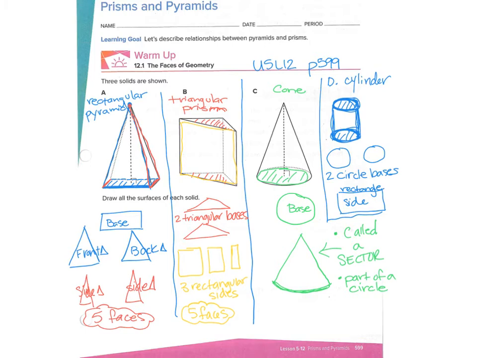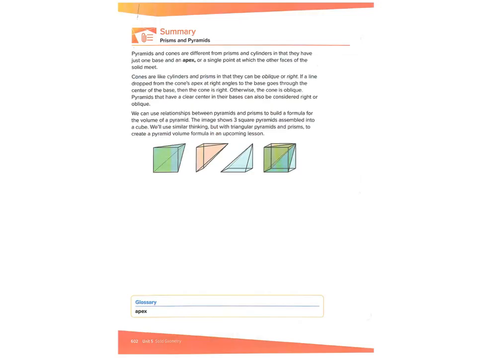So let's take a look at the summary, if you would please. In the next lesson, in lesson 13, we are going to develop the formula for the volume of a pyramid. So prisms and pyramids. Looking at this diagram, they are physically showing you that 3 pyramids fit into this cube, 3 square pyramids.